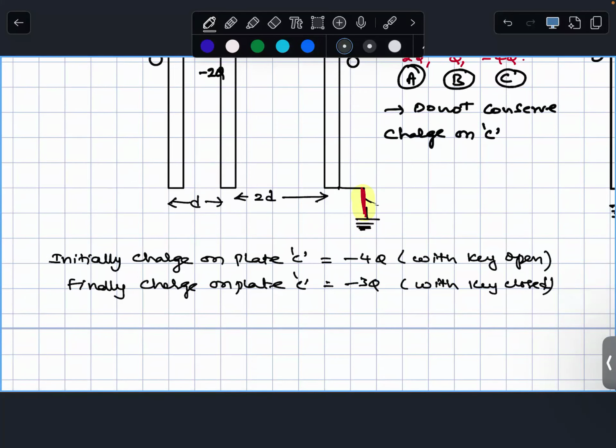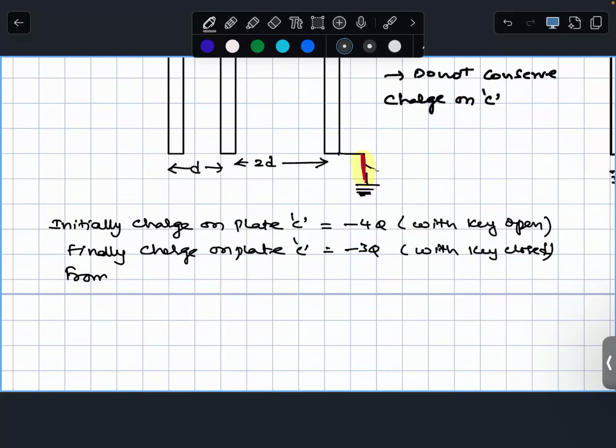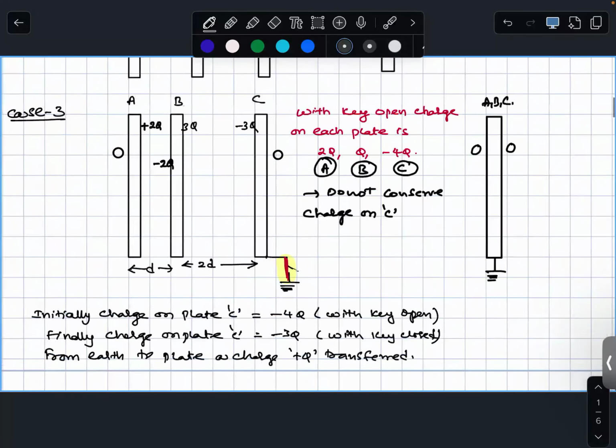Can you please help me with what is happening over here? So from earth to plate, a charge plus q transferred. Earlier you had minus 4q. Added plus q. What do you have now? Minus 3q.